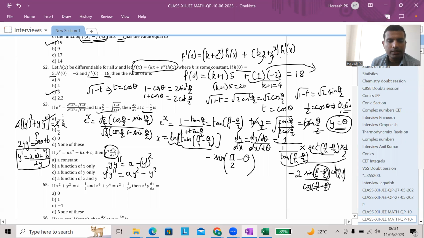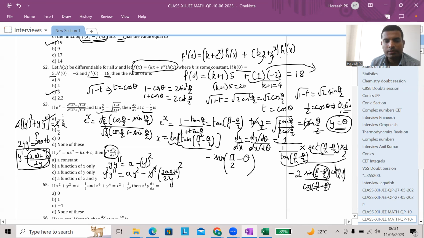But for y dash, I'm going to substitute this. When I do that, I'll end up getting 2ax plus b whole square by 2y whole square.